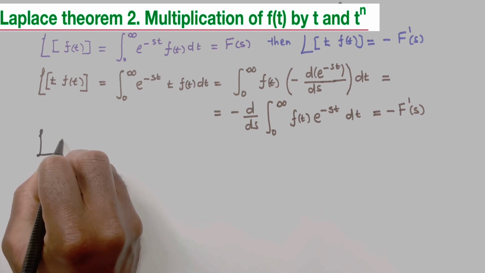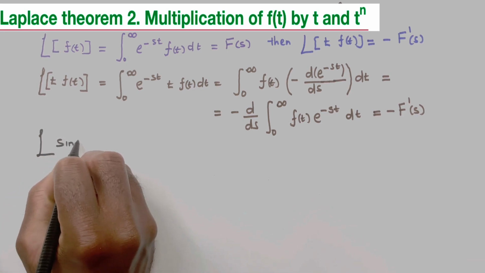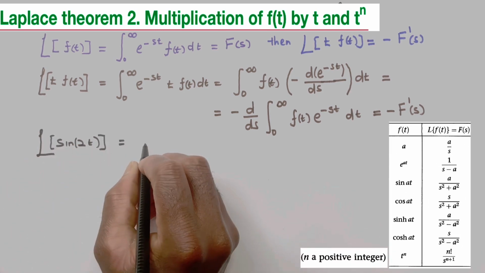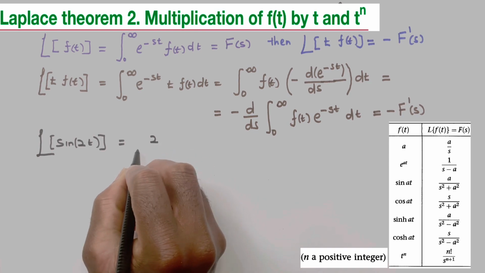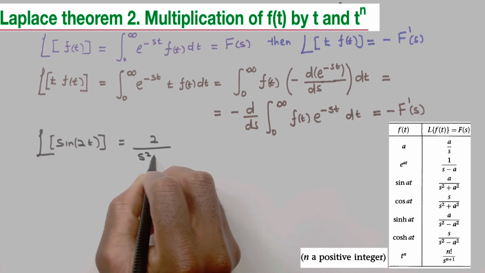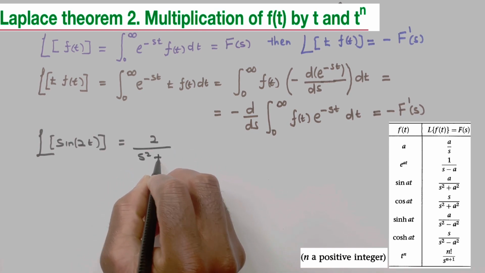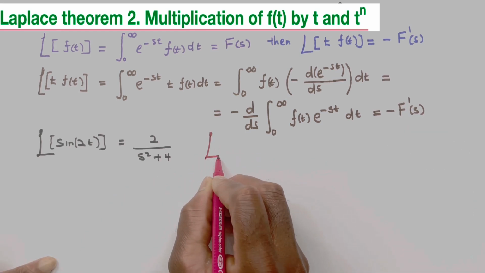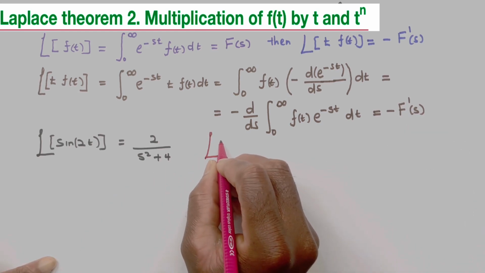An example: Laplace sine 2t. Looking at the table on the right, we know that sine 2t is 2 over s squared plus 4. Let's now do Laplace of t sine 2t.